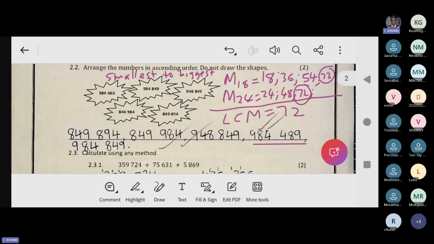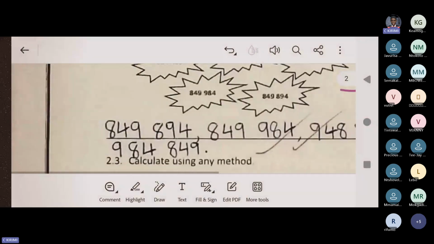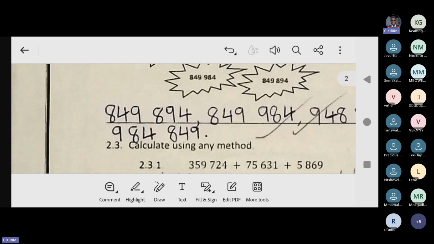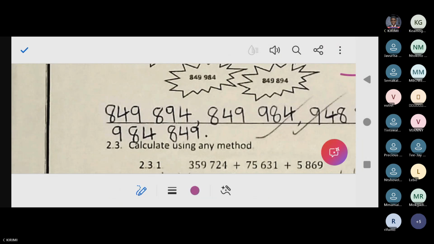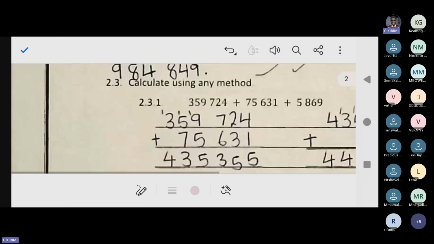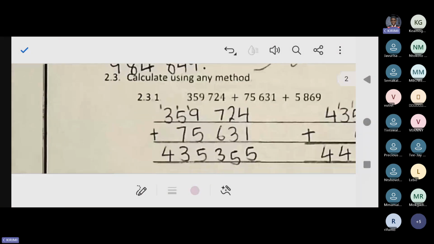Then when you are adding, use any method. So in our case, let's try to use the vertical column method. But you are allowed to use any method, breaking down and building up numbers if you find it easy. So in our case, we are adding those 3 numbers in vertical column method.